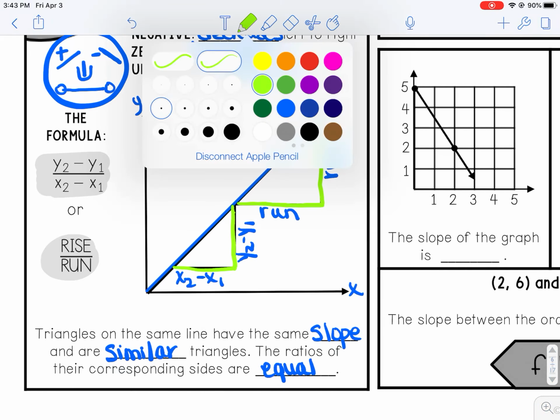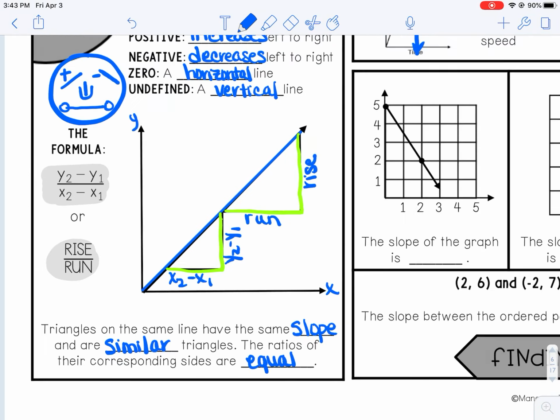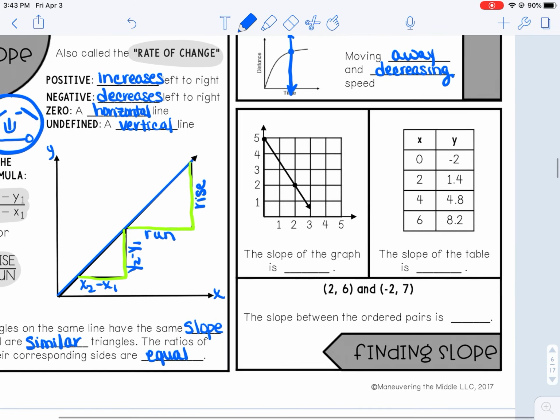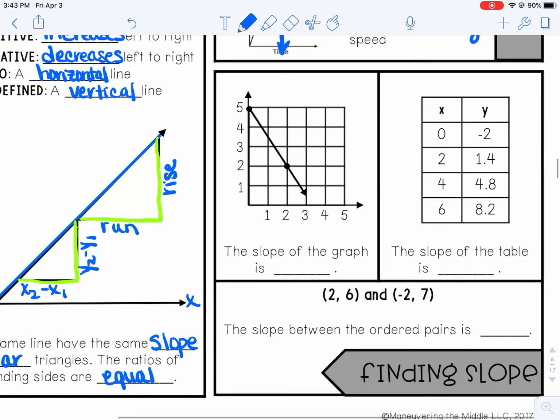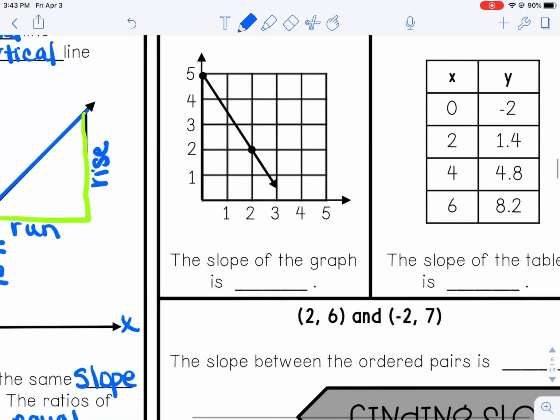Okay. All right, let's go over to identifying the slope from a graph, a table, and an ordered pair. When you're looking at a graph, you're going to pick 2 points that are a coordinate pair. They've done the nice thing and picked those 2 points for us. Starting at the left and going to the right of that graph, it starts right here at 0, 5.